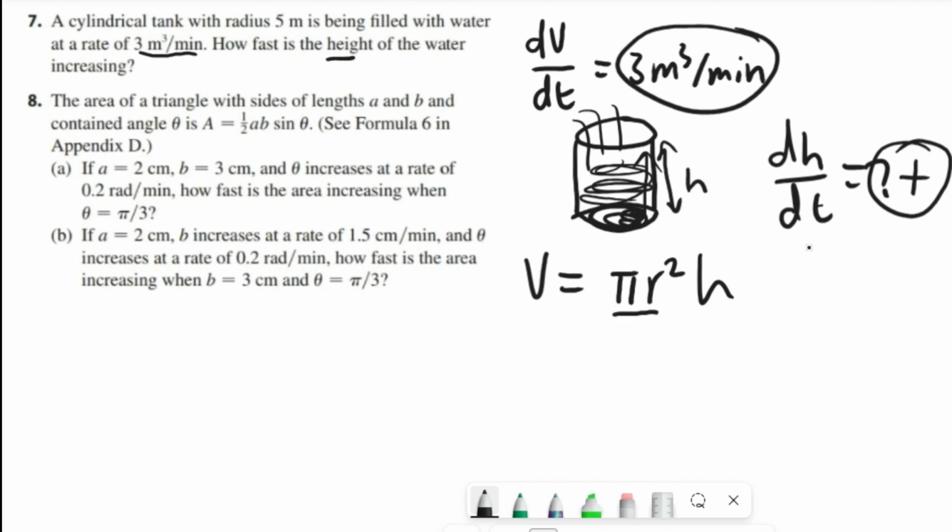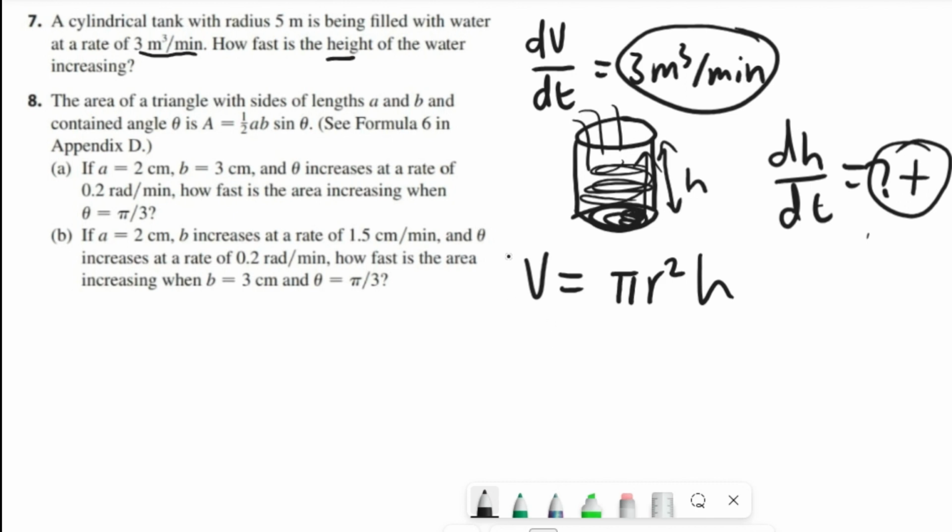A cone looks like this, right? If you fill up water, the radius is going to increase as you go up. Now we're not looking at the cone, we're looking at the cylinder, and the radius remains constant. So we just have to treat it as a constant.